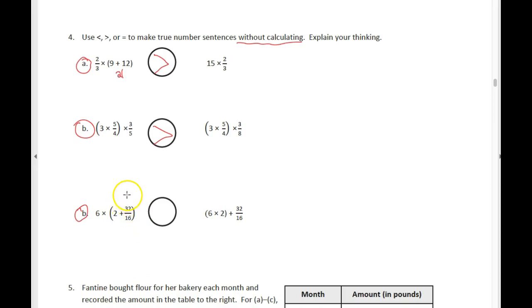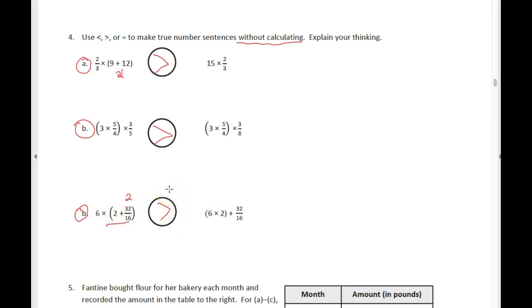So this is like saying it's actually 2 of them. 2 plus 2 is 4. So this is 6 times 4. Now let's look at this one over here. This is 6 times 2. And then we just add 2 to it also. So 6 times 2 is 12, plus 2 more is 14. That means this one is going to be bigger.